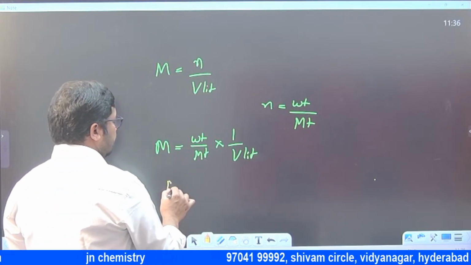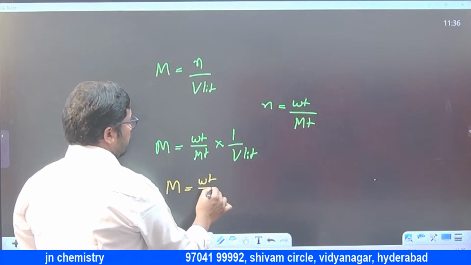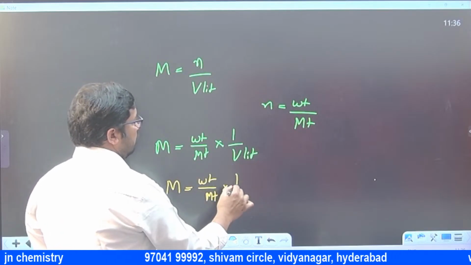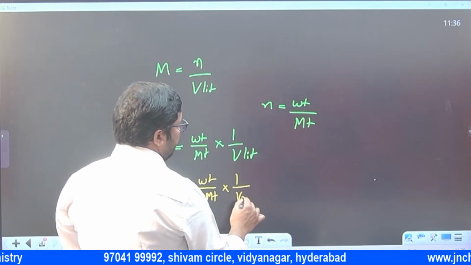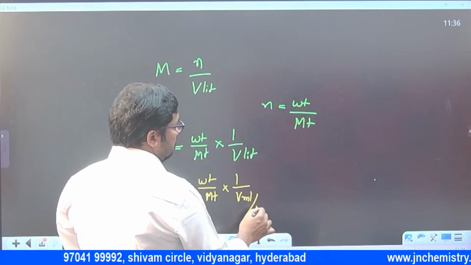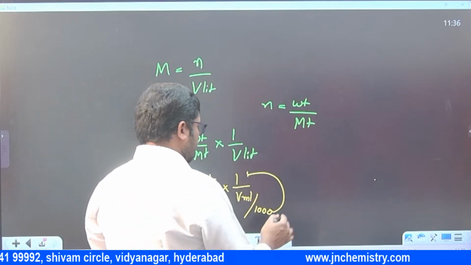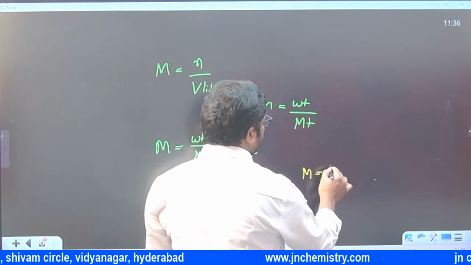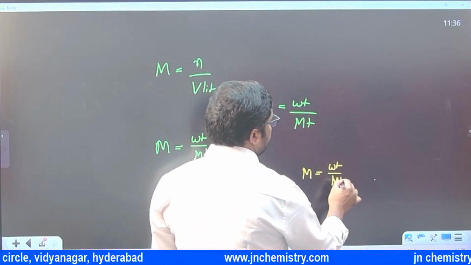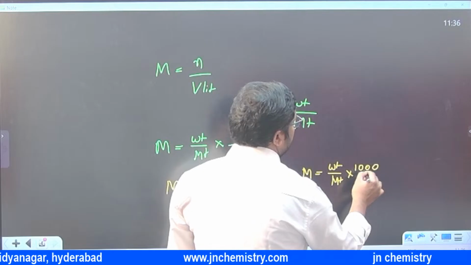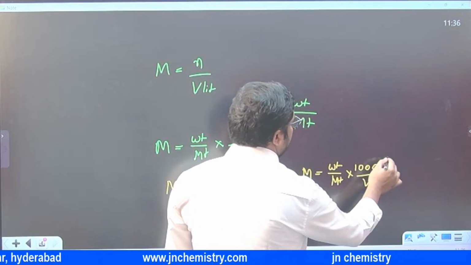Numerator. So molarity is equal to weight by molecular weight into 1 by V in ml by 1000. But automatically we'll write: molarity is equal to weight by molecular weight into 1000 upon V in ml.